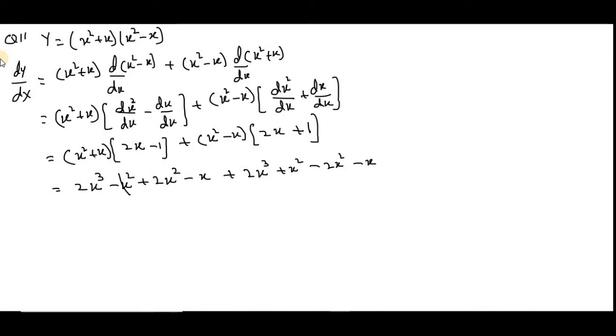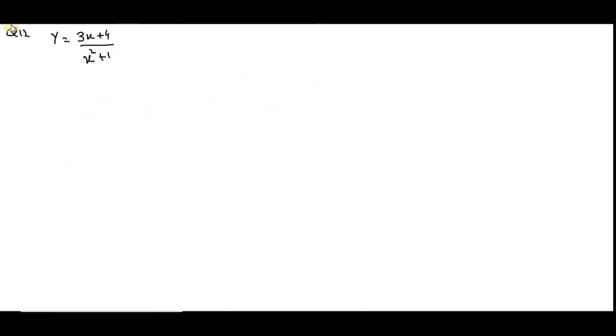Here this x square and this x square are cancelled, plus 2x square and minus 2x square are cancelled, and the remaining terms are added. 2x cube plus 2x cube minus x are the remaining terms, so 4x cube minus 2x is the derivative.